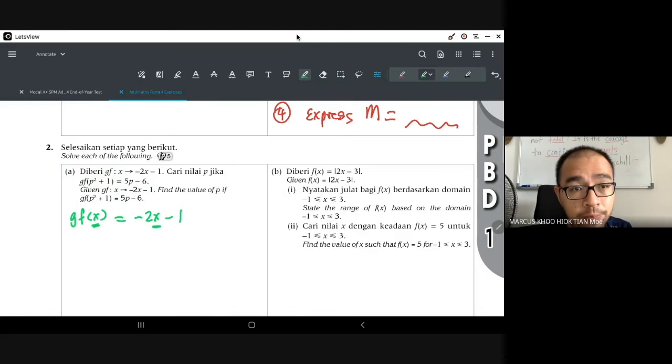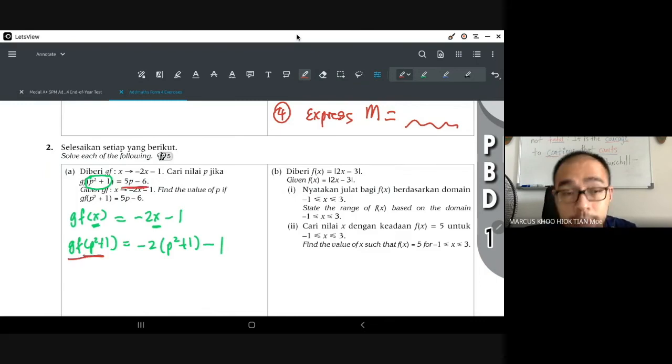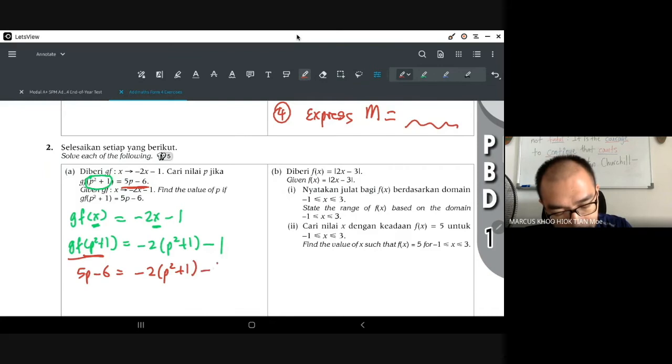So if inside the bracket is p squared plus 1, then gf(p squared plus 1) equals negative 2(p squared plus 1) minus 1. And then they also say that this one is also equal to this. So 5p minus 6 equals negative 2(p squared plus 1) minus 1.